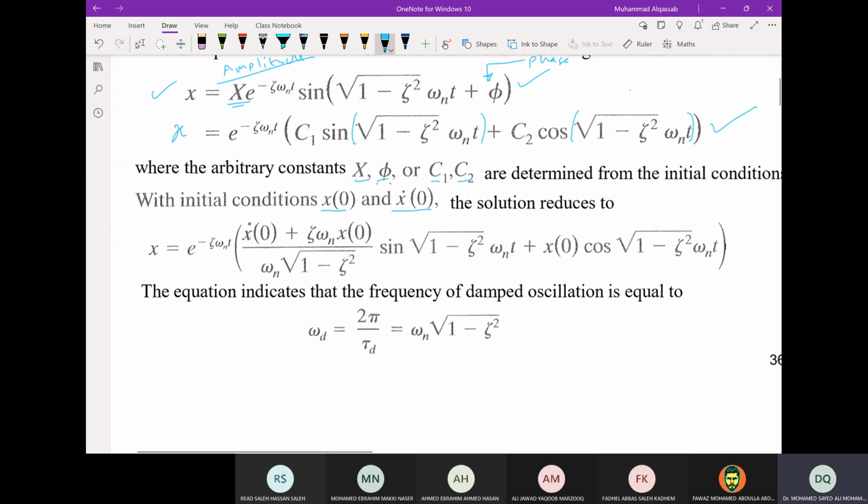Okay, it's just mathematical steps. So C1 becomes X dot at 0 plus zeta omega n X at 0 divided by omega n square root of 1 minus zeta squared. This is C1. And C2 is only X at 0, the initial displacement.